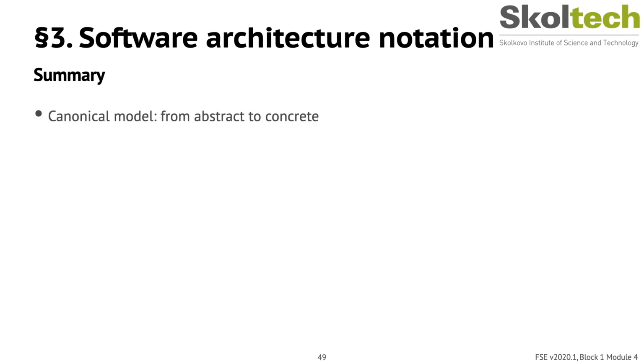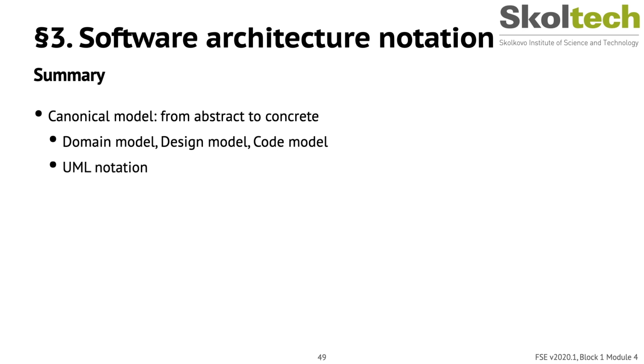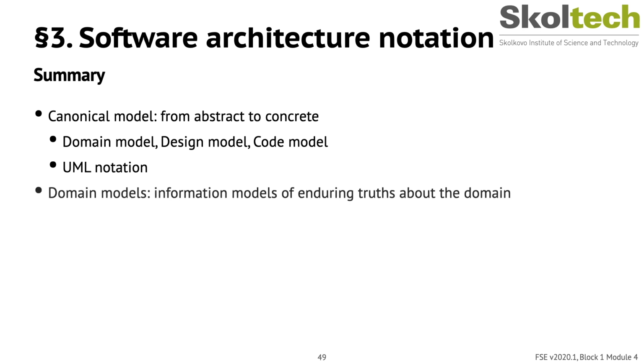So there are canonical models from abstract to concrete, from the domain through the design all the way to the code model. It typically uses UML notation, so I encourage you to get acquainted with that. The domain models are typically information models of enduring truth about the domain.